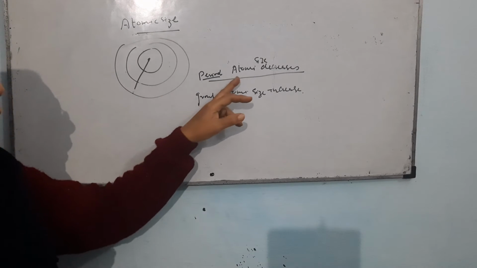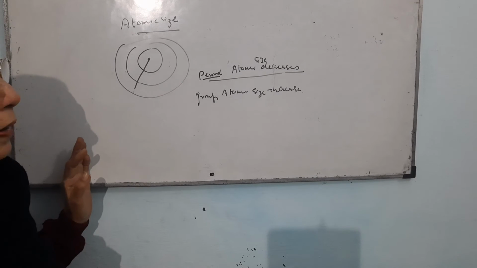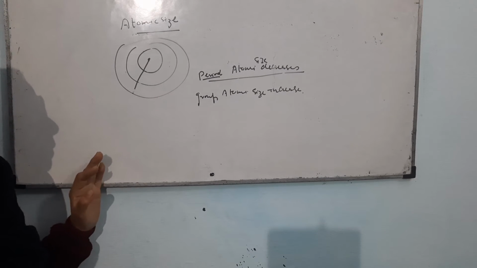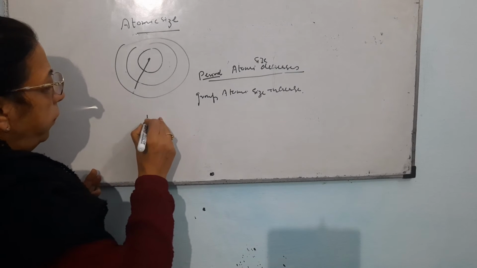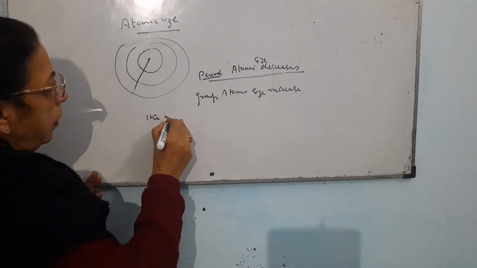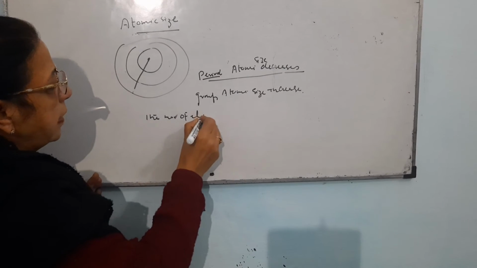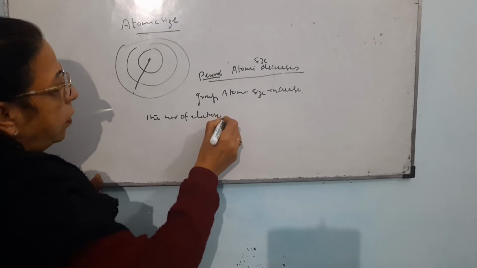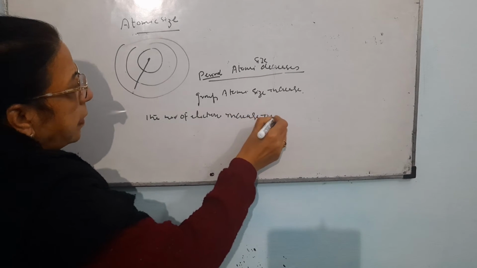Now, in the period, atomic size decreases. Why is there a decrease in the atomic size? The number of electrons increases in a period.